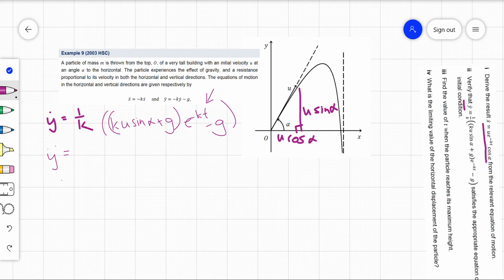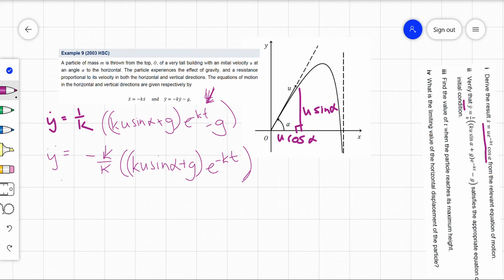So if you think about that, we've got 1 on k, and that negative k from here is going to come down to the front. So negative k, but all the other stuff will still be in there: ku sine alpha plus g, lots of e to the minus kt. Of course, minus g doesn't have a t in it, so nothing happens there.